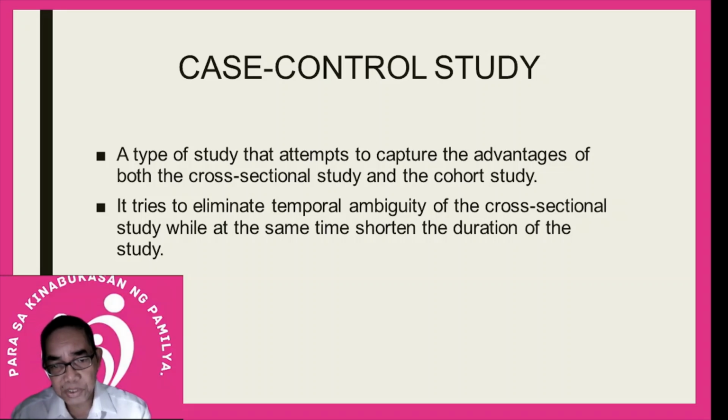And so we told you that there is no temporal ambiguity with a cohort study, and that is the reason why we can talk of risks for a disease in a cohort study.